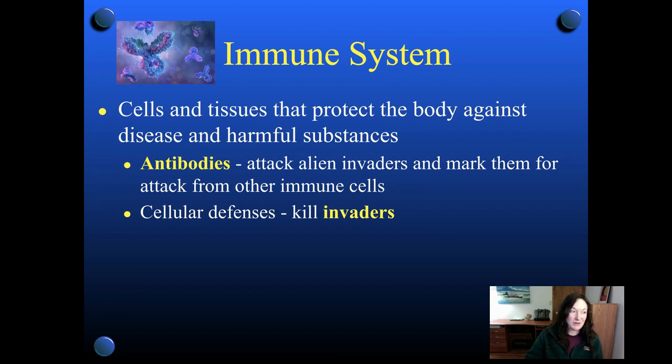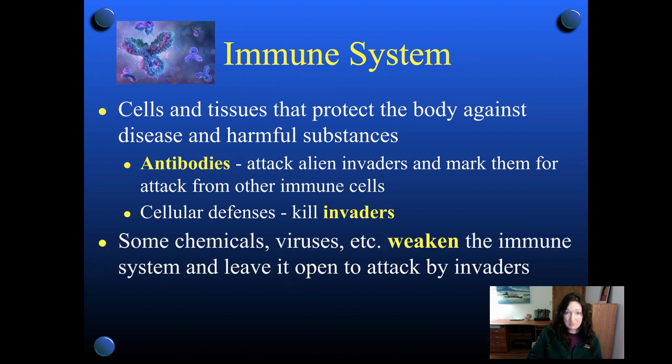Killer T cells are one that I can think of in specific examples that also kill invaders that come into your body. And like I said, getting sleep allows these antibodies and these other types of cells that are part of your immune system to ramp up, to build up. They work better or they're produced most effectively while you're sleeping. Although they are happening when you're awake, your immune system gets boosted a lot by sleep.